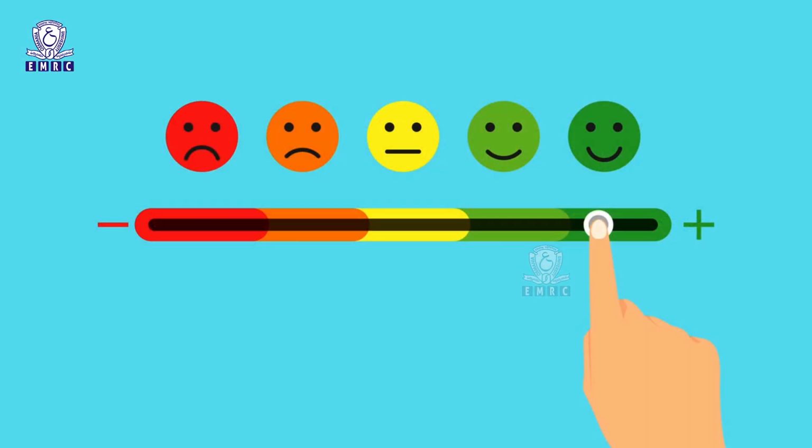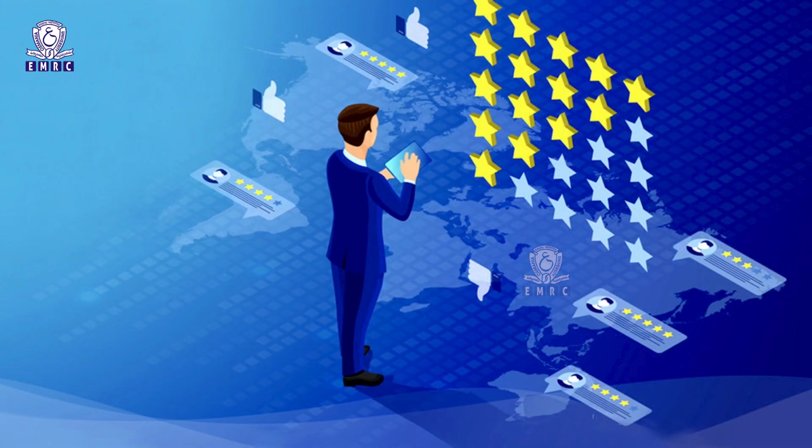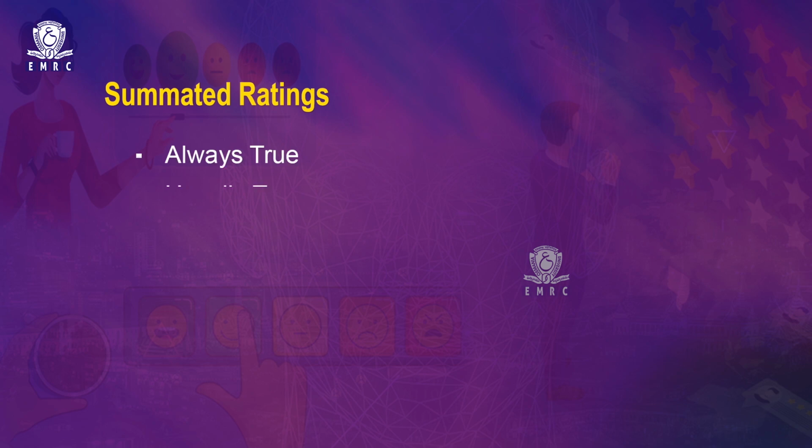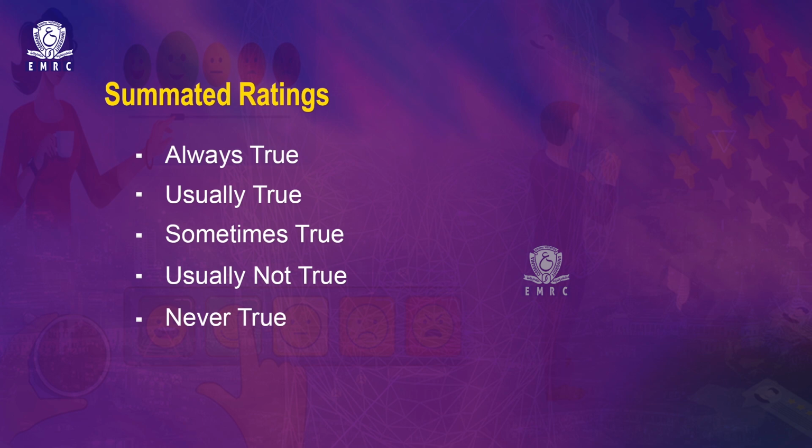In addition to looking at how much the respondents agree with a particular statement, Likert items may also focus on things such as likelihood, frequency or importance. In such cases, respondents will be asked to identify how likely they believe something to be true, and we give the answers such as always true, usually true, sometimes true, usually not true, never true.